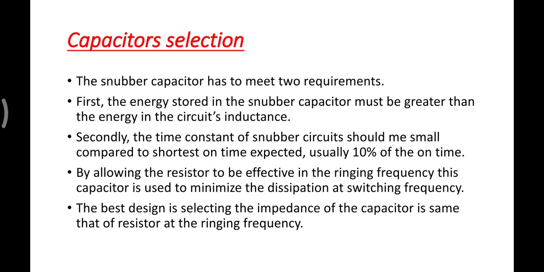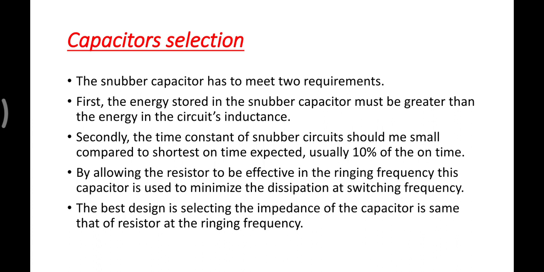And the second one is that the time constant of this snubber circuit should be small compared to the shortest on time expected, usually 10% of the on time. So this is the second condition for the selection of the capacitor.